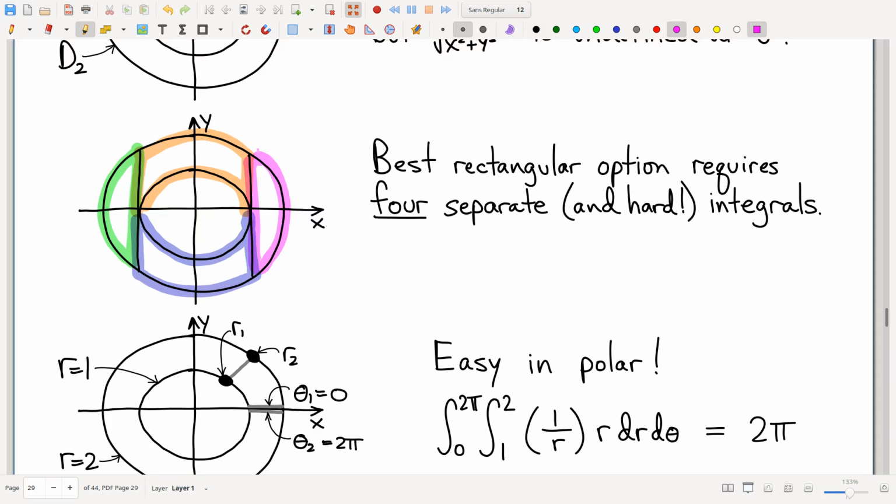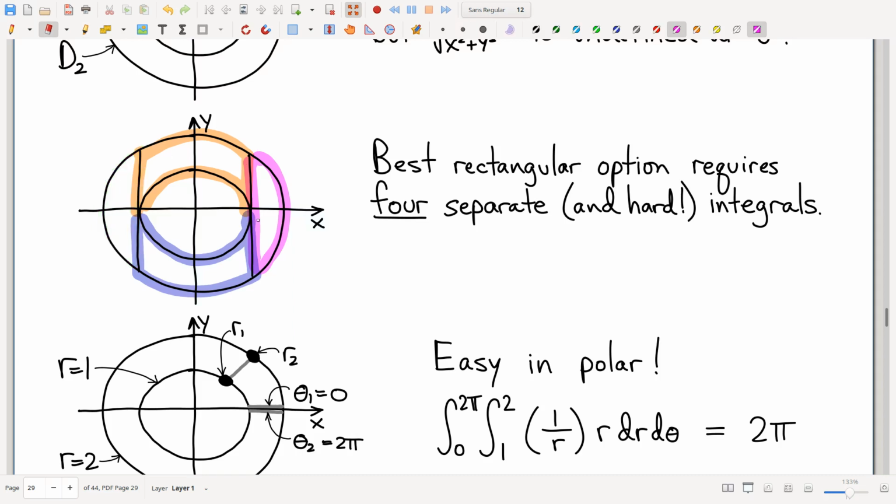In grand total, you're going to have 4 separate integrals here. And furthermore, these are all 4 nasty integrals because the bounds in rectangular coordinates come from circles, which are going to involve square roots. So you're going to have ugly integrals. So this is a terrible way to solve the problem.